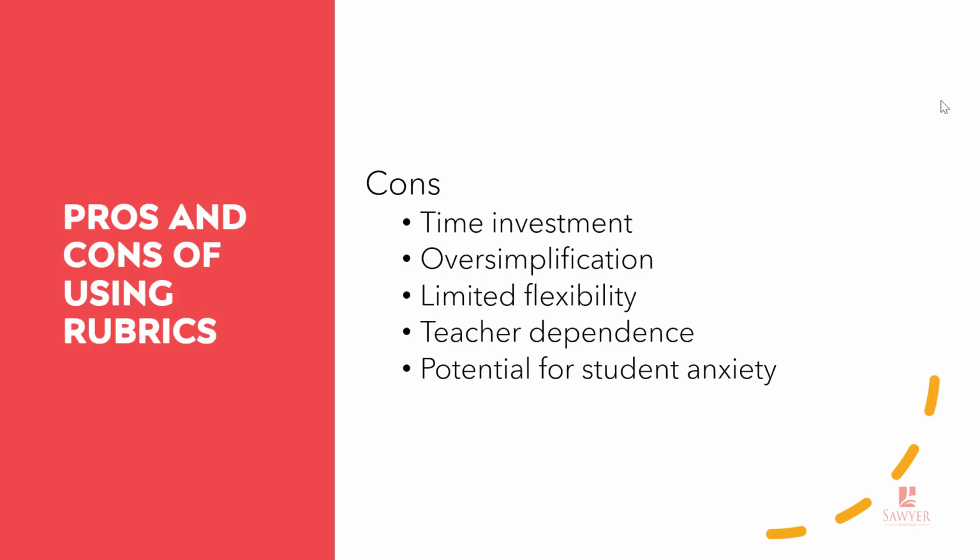This is, I don't think, a problem anymore, but a con used to be that they could be a little bit oversimplified, and there's no real distinction between an excellent and a satisfactory. Sometimes it was hard to tell the difference between those two levels of achievement.